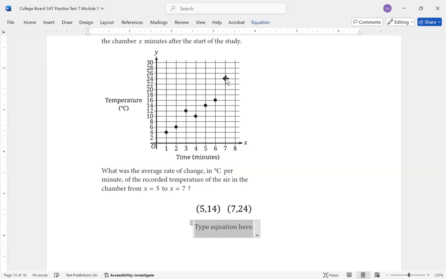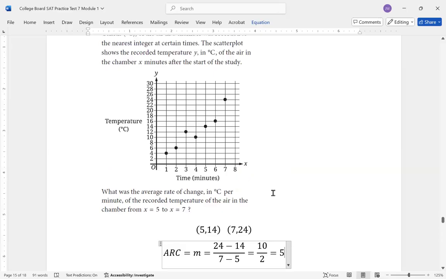Average rate of change is basically just the slope of the line through those two points. And that is 24 minus 14, all divided by 7 minus 5. So we end up with 10 over 2, which is 5. So the average rate of change between those two points is 5. And that's it. That's the entire question. 5 is the final answer for question 20.